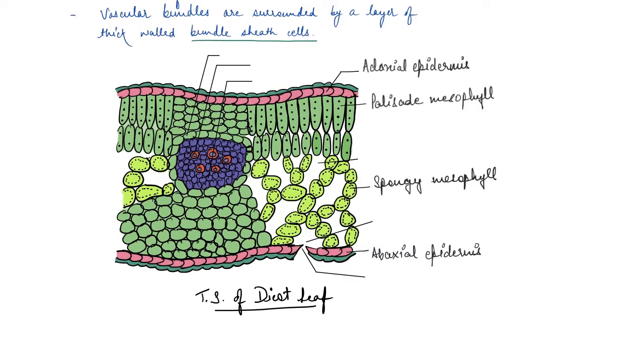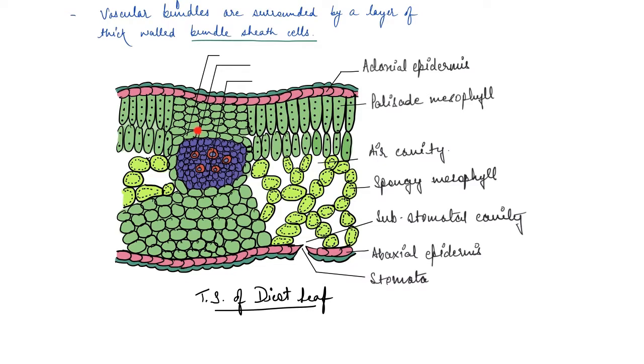We also saw that these cells have air cavities in between them, and we also studied that the lower level has stomata. So the opening that you see here is of a stomata, and there is some substomatal cavity present.